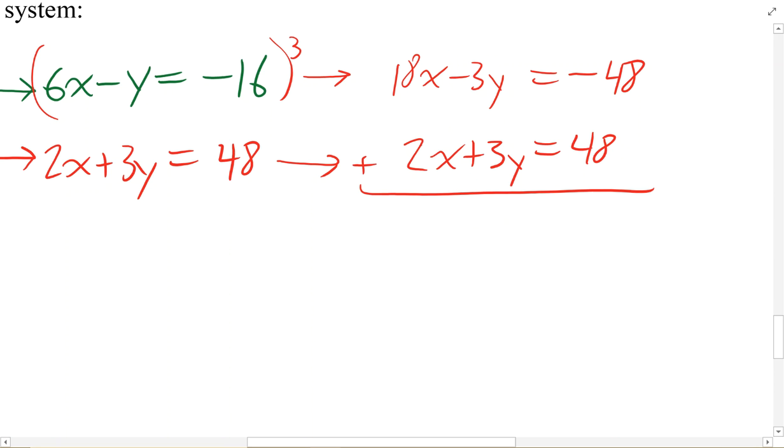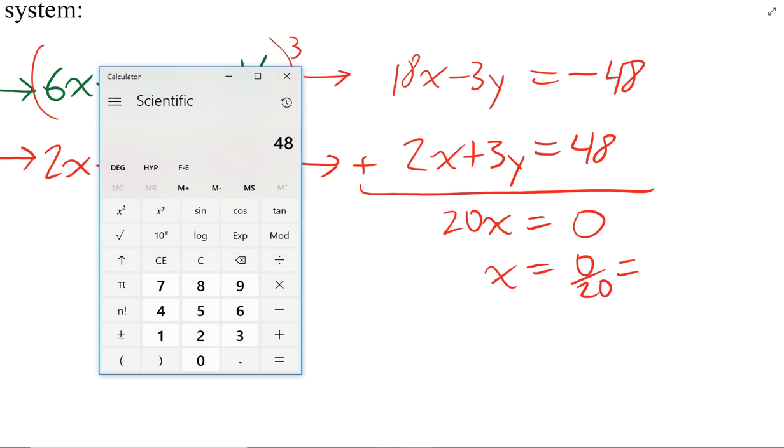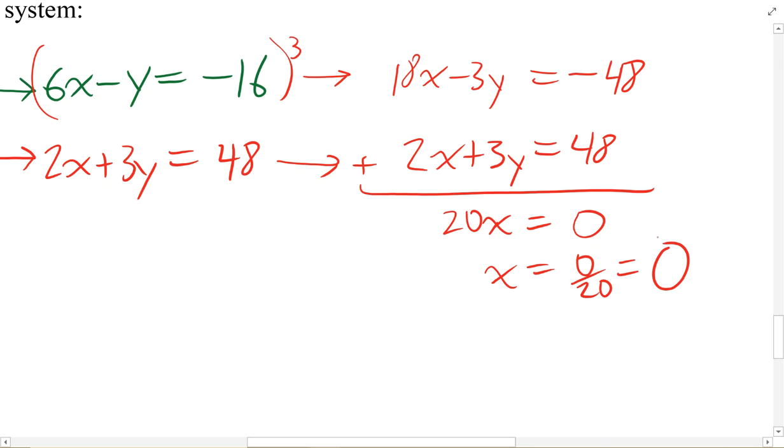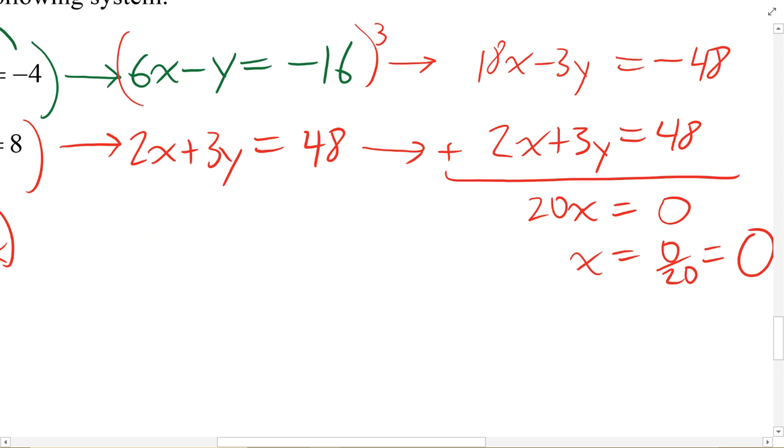Now, this is a totally weird question here. So we get 20x equals what? 0. So what does x equal? 0 over 20, which equals, double check on your calculator. What if it's undefined? You don't know until you check. Okay, 0.